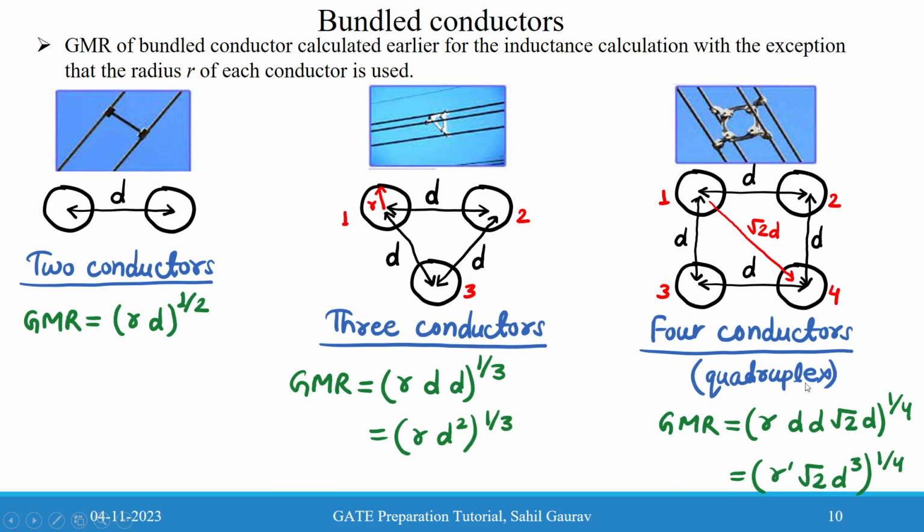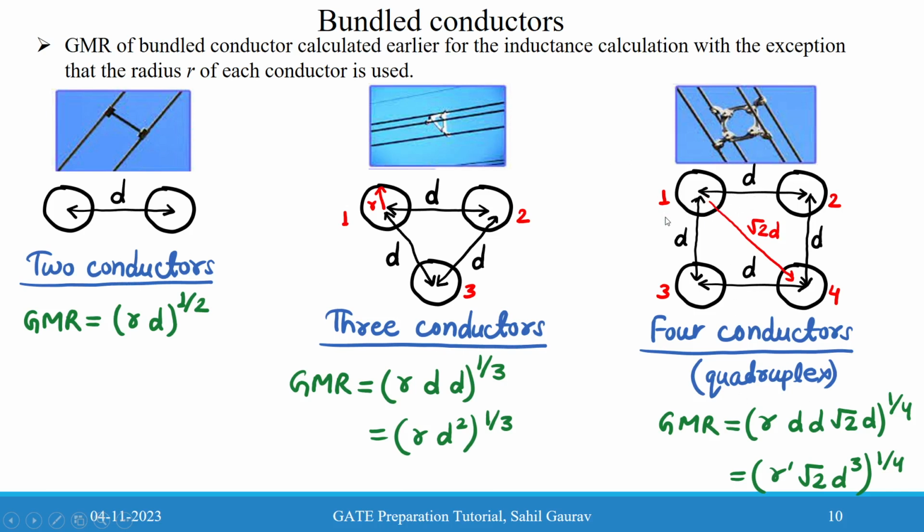And for quadruplex, that is, having four conductors all equally displaced by distance d, the GMR of one conductor you can find like this, taking R as the radius of the first conductor and measuring the distance of the other conductors with respect to that conductor.